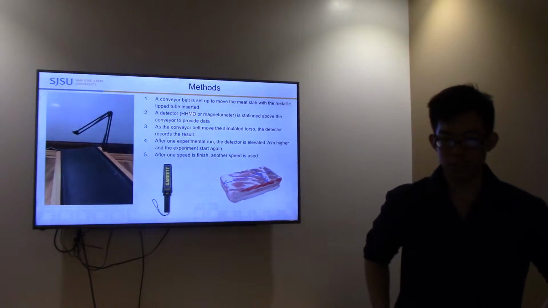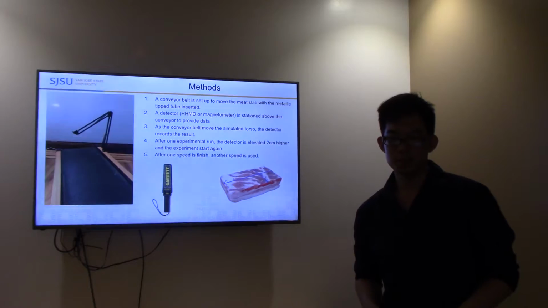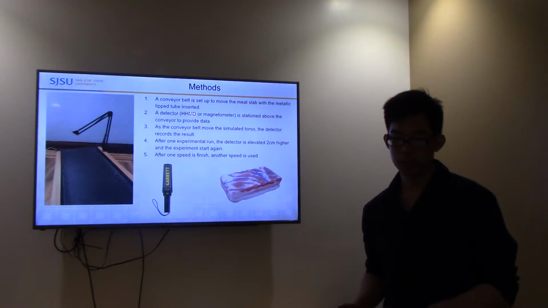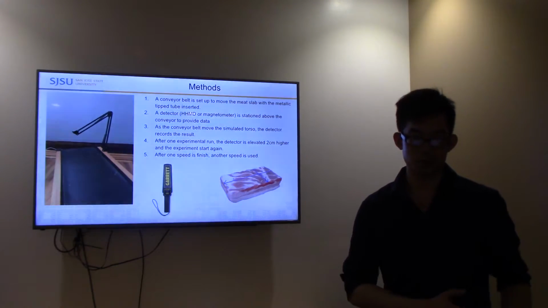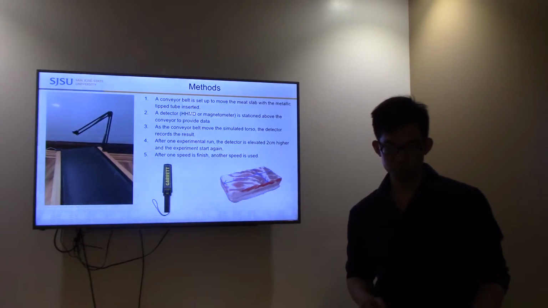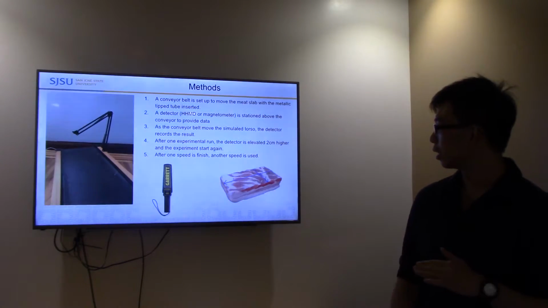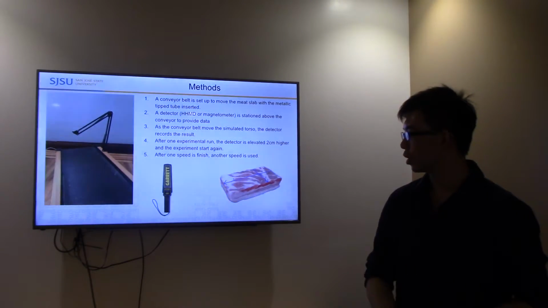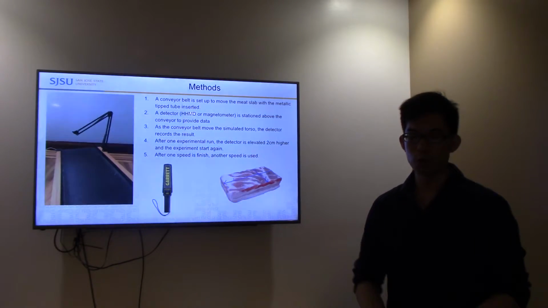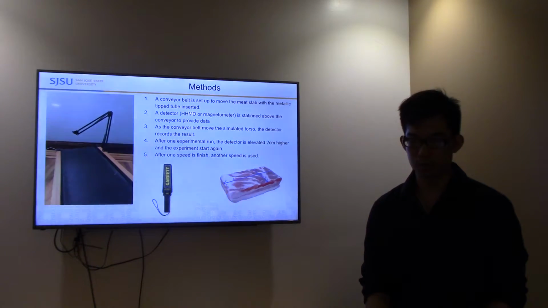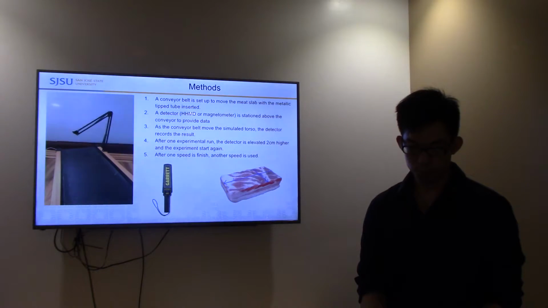So a little bit more in depth, a conveyor belt is set up to have the meat slab move across at a constant speed. And at the end of the conveyor belt is a stand to measure the detection using handheld metal detector or the strength of the magnetic field using a magnetometer.